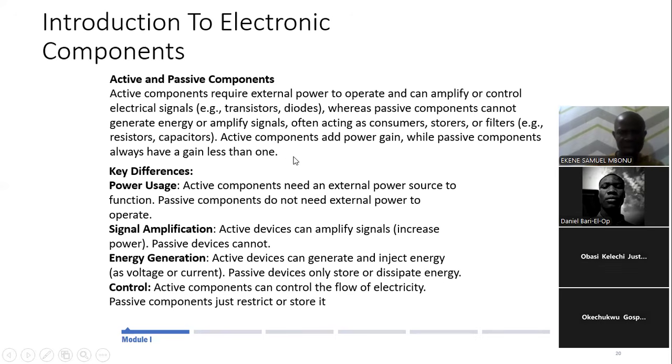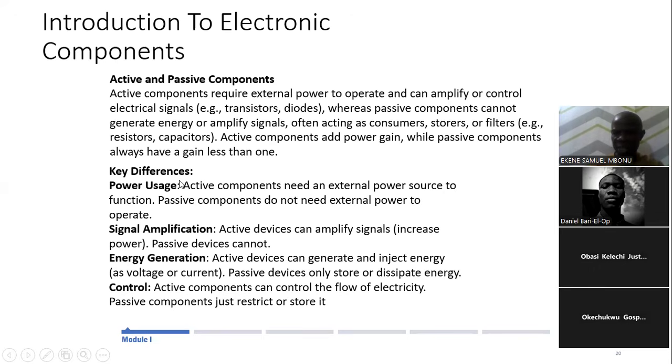Something like a resistor is not an active component. Almost every time the gain is less than 1. Gain is output over input. So the output is always less than the input. That's why the gain is always less than 1.